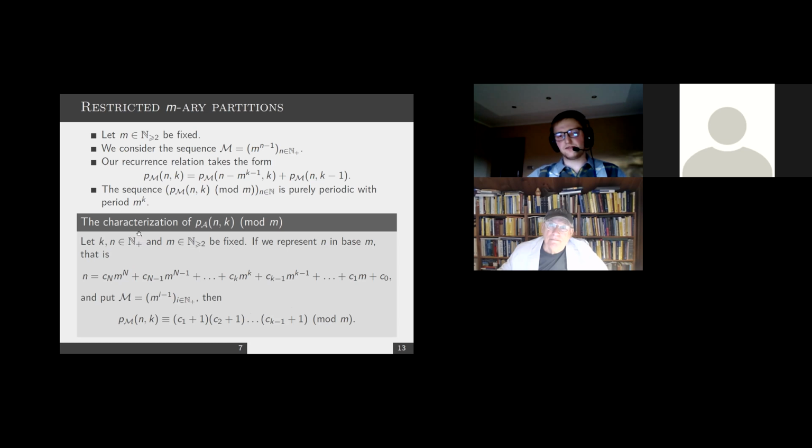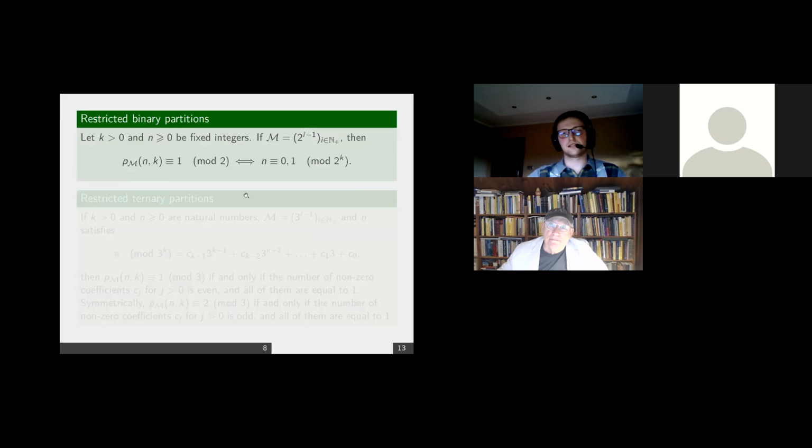This theorem is really fine because from it we can easily deduce the following characterization. Let us assume that m equals 2, so let us consider the restricted binary partitions. Then we have that the restricted partition function p_m(n, k) is odd if and only if n is congruent to 0, 1 modulo 2 to the power k.